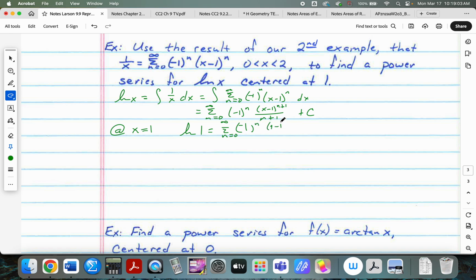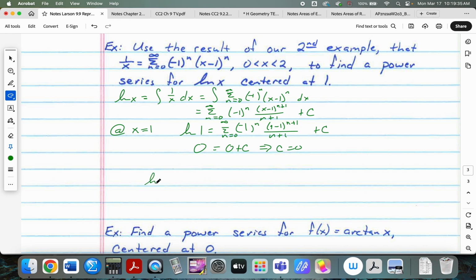I'll have 1 minus 1 to the n plus 1 over n plus 1, all plus c. Well, natural log of 1 is 0, and every single term of this series is also 0. So C is equal to 0. That's going to happen a lot of the times, but you always need to think about, all right, well, what is the constant here so that I can make these two equal?